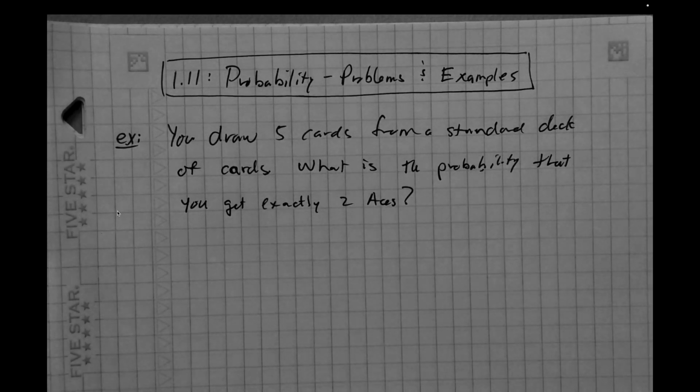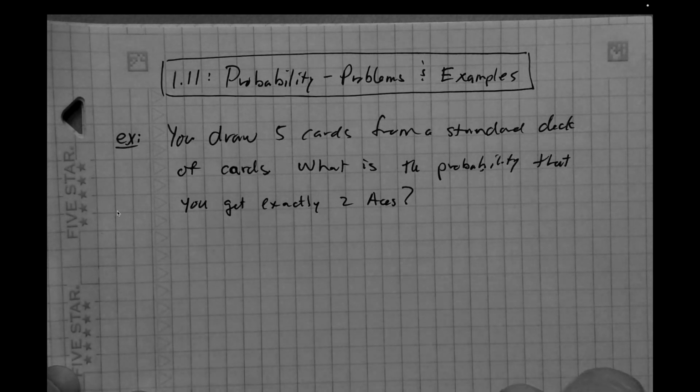All right, well, let's see. If you aren't familiar with the deck of cards, what's really important to note is that there are 4 suits in a deck of cards: clubs, hearts, spades, and diamonds, and each of those suits has an ace. So in total, there are 4 aces in a deck of cards.